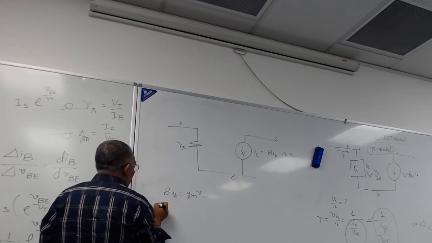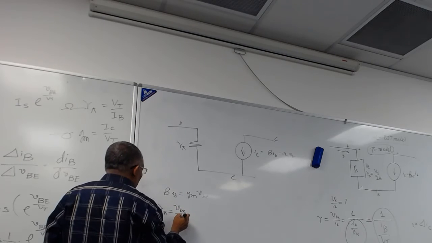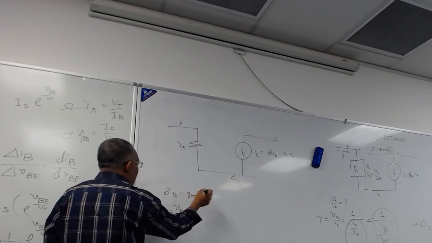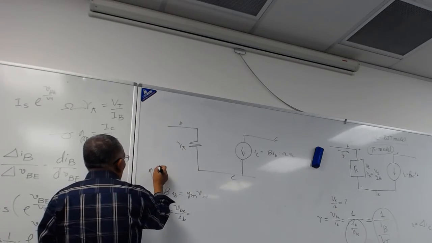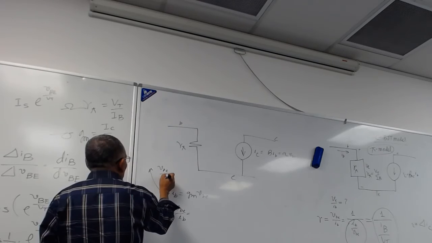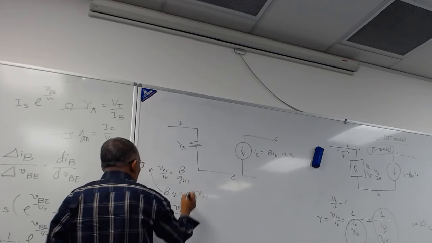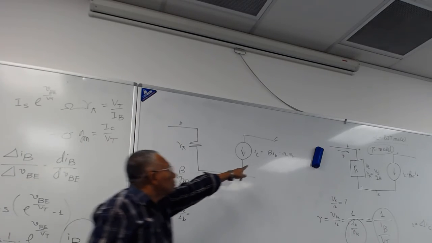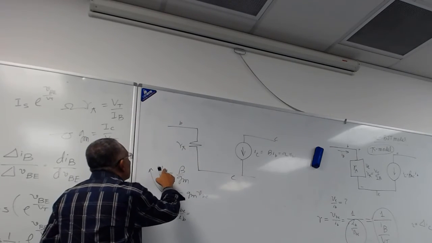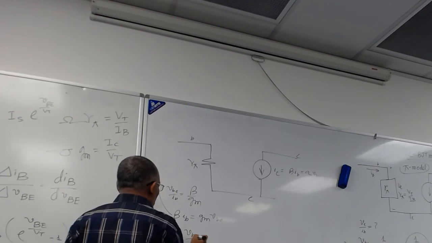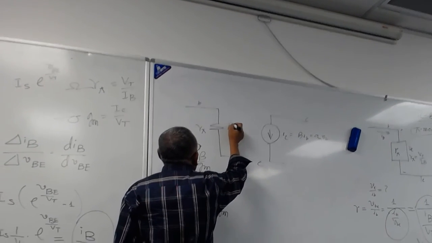So R pi equals VBE by IB. What is VBE by IB? It is beta by Gm. So you can write R pi, or you can write beta by Gm.